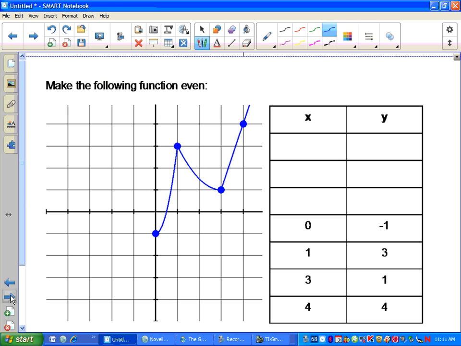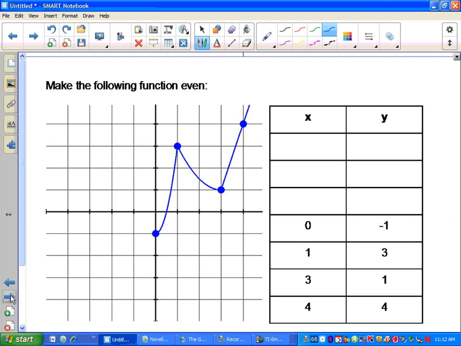You don't need to write anything on this. You can just watch and then you'll be able to do it on yours. Make the following function even. When a function was even, if the x were positive x and negative x, the y was the same.